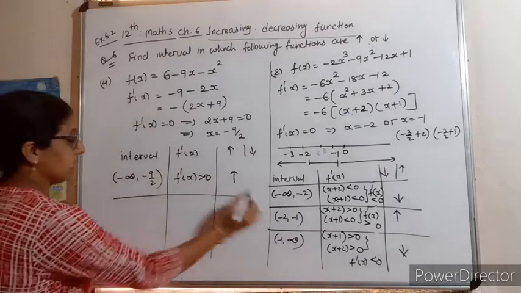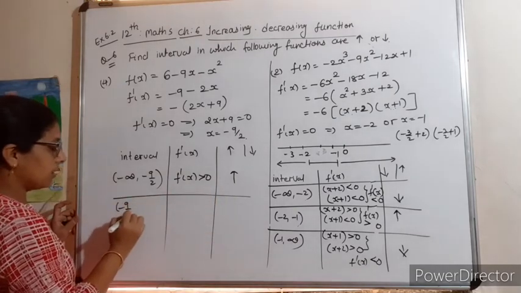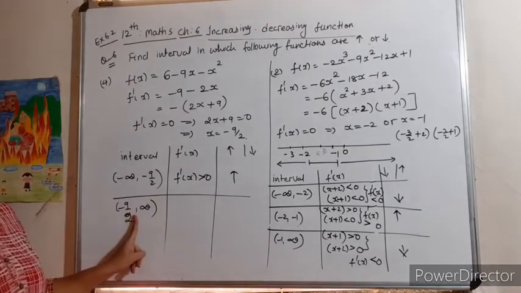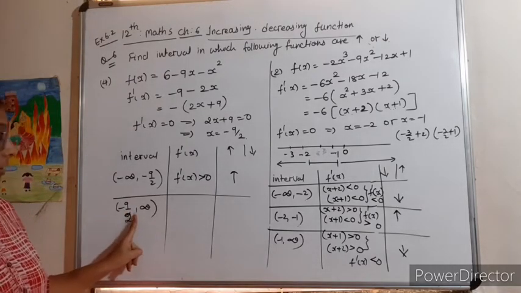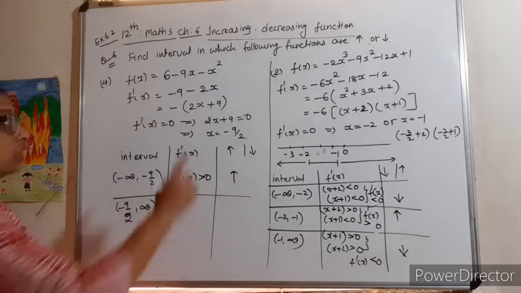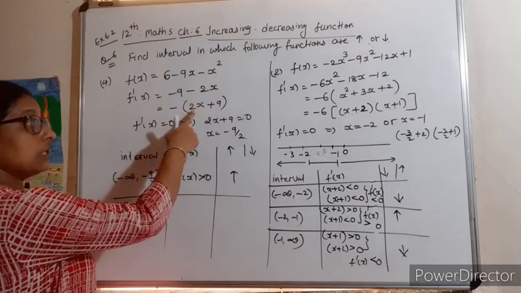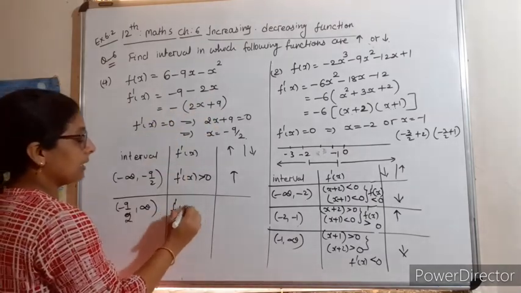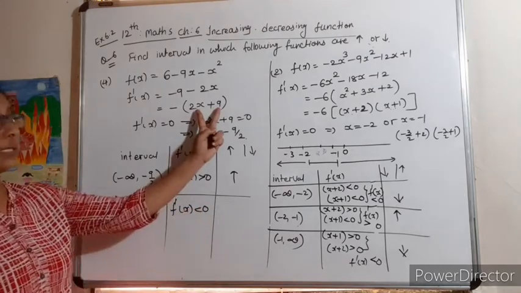While in the second interval, minus 9 by 2 to infinity, what is minus 9 by 2? Minus 4.5. So now in this side we'll take minus 4, right? So minus 4 to the 8 plus 9, 1. But ये minus है, तो बाहर का minus की वजह से ये bracket positive होगा.